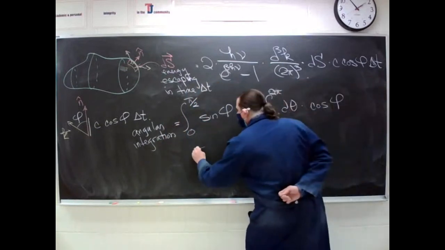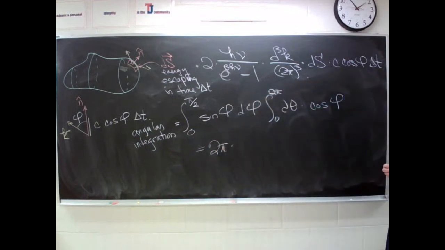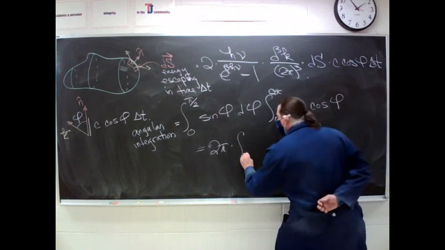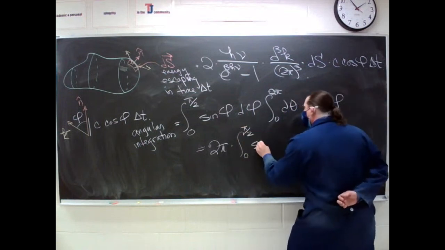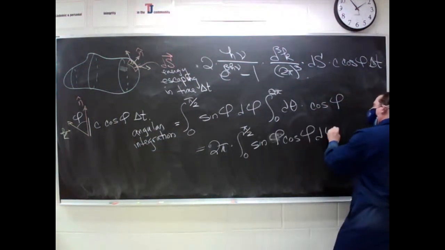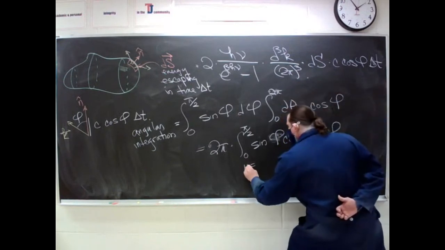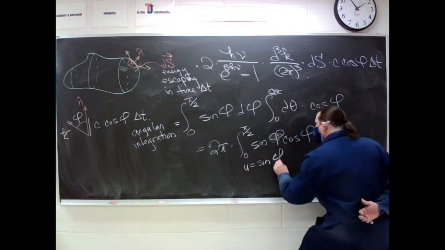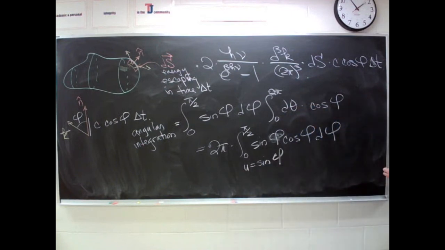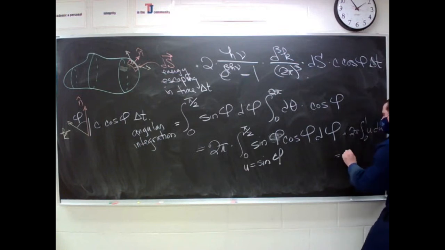The theta integral obviously gives me 2 pi. The phi integral, I could do a u substitution. u equals sine phi. So this would be 2 pi times the integral from 0 to 1 of u du, which is pi.